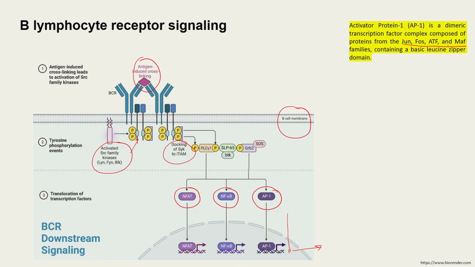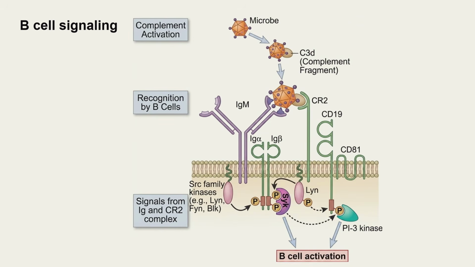So we will move on and try to understand the other term, which is B cell signaling. Now in B cell signaling, we have discussed this event. So let's try to see the event of B cell in the presence of complement and upon virus infection.